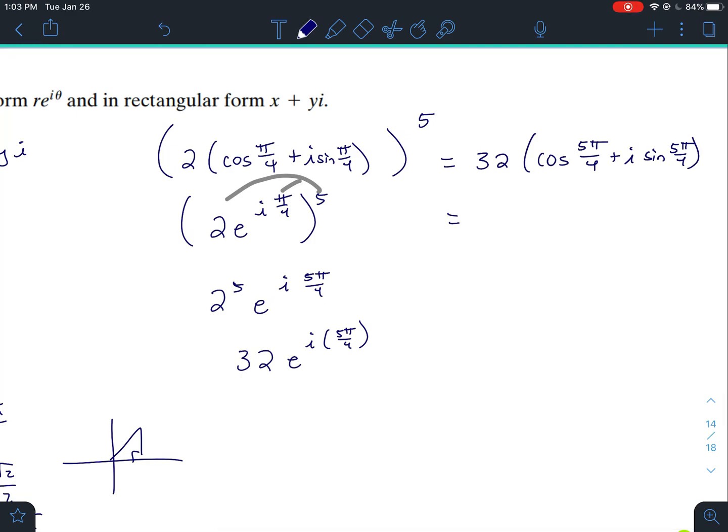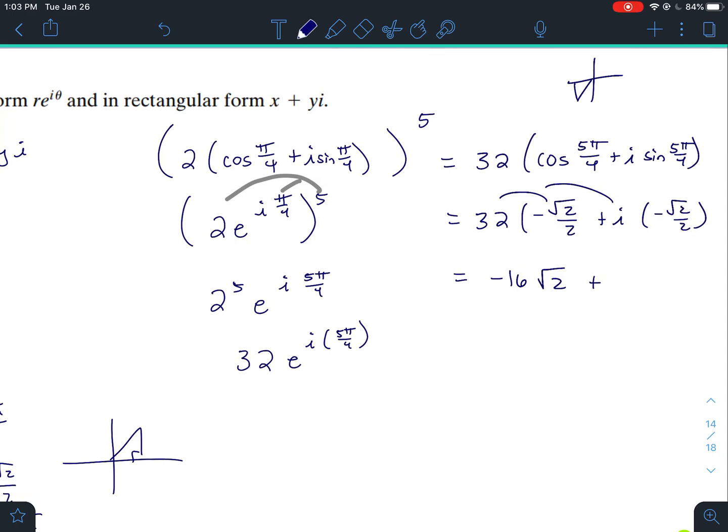And the cosine at 5 pi over 4, well, at 5 pi over 4, I am in the third quadrant, so this would be 32. And then the cosine at 5 pi over 4 is negative root 2 over 2 plus i. The sine at 5 pi over 4 is negative root 2 over 2. And then distribute in the 32, and we would get negative 16 root 2 plus, well, we could do minus because it's a negative, so minus i, and then it would be 16 root 2.